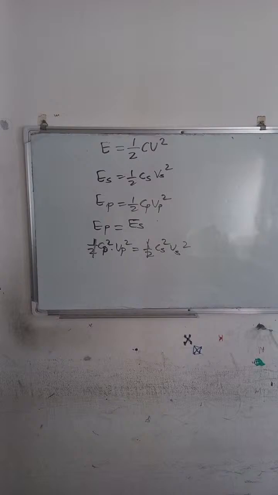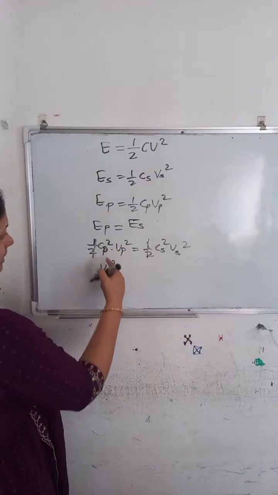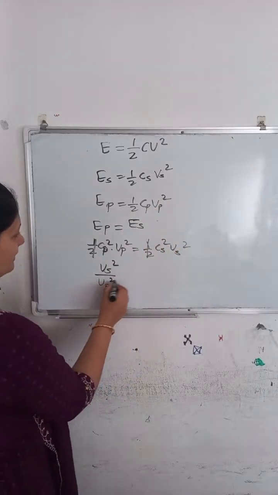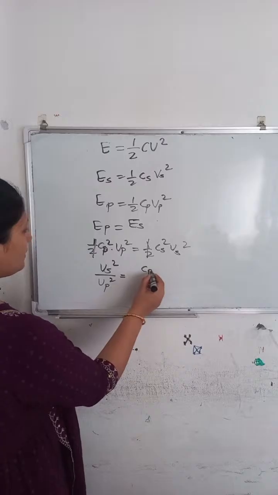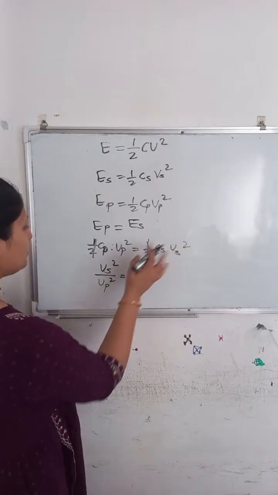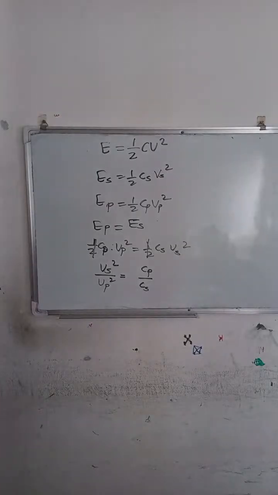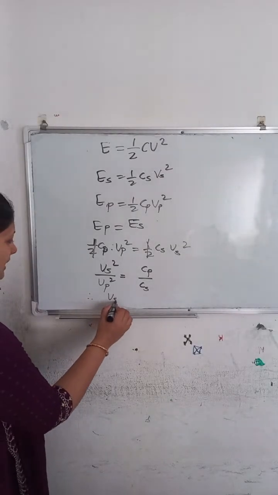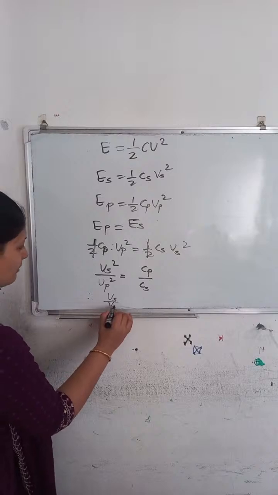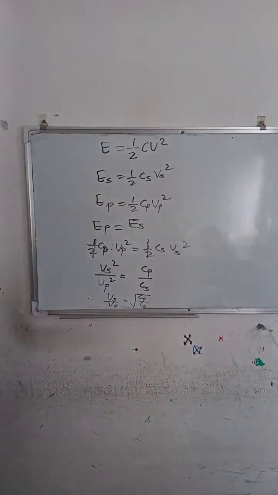So I take Vs square and transpose Vp square to the other side, and you will get Cp divided by Cs. Now if I take the square root on both sides, Vs upon Vp is equal to the square root of Cp upon Cs. This is the equation I am getting.